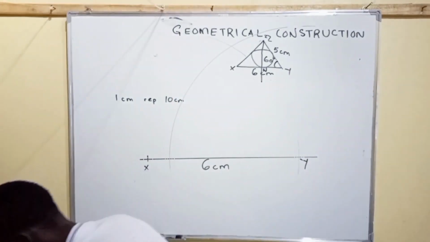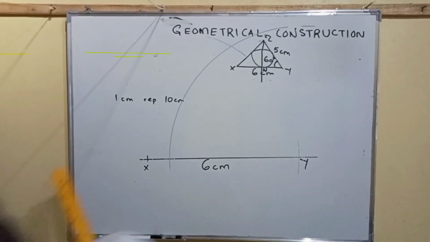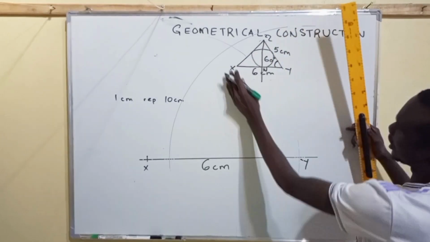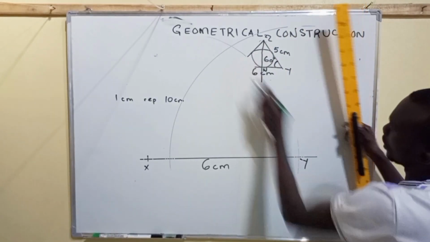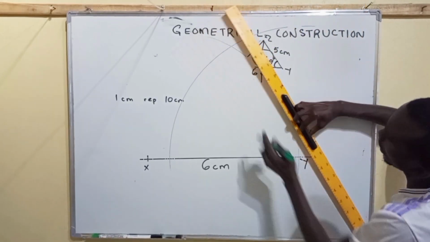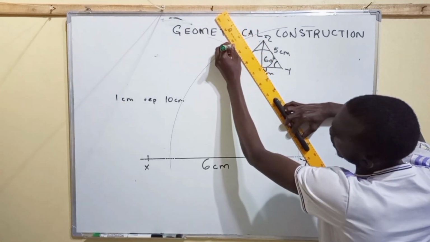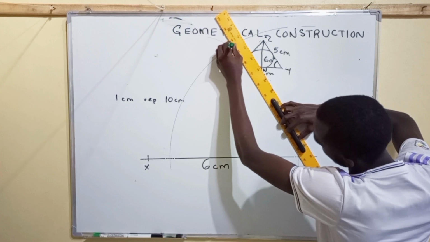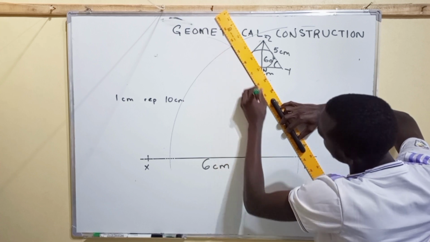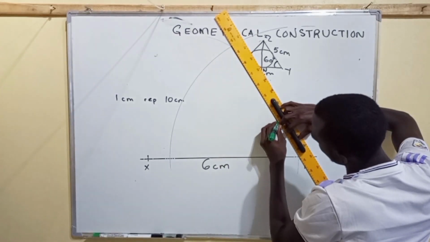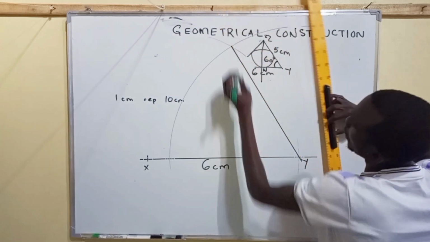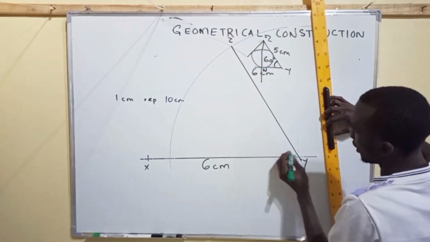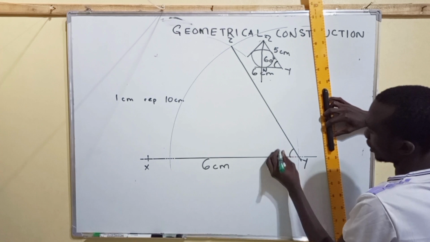So we join the point of intersection to Y. This is the point of intersection, and this is Z. And this angle here is 60 degrees.